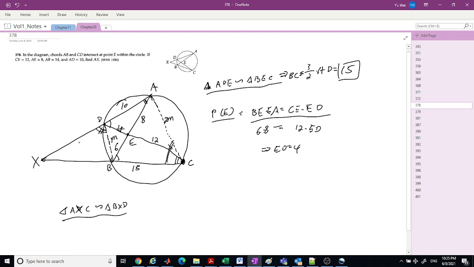So if this ratio is 2, we know the XD is corresponding to the sides of the XC, right? XC.